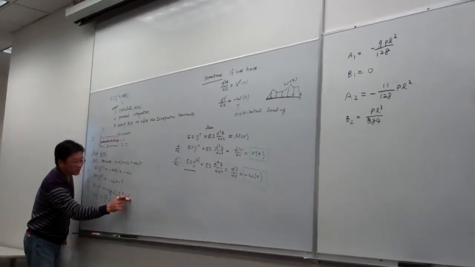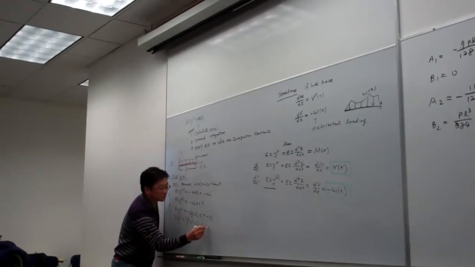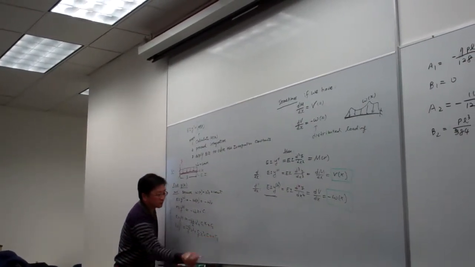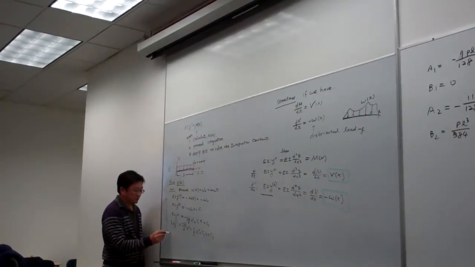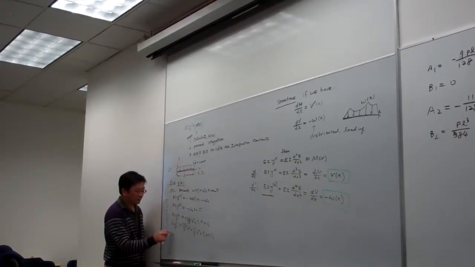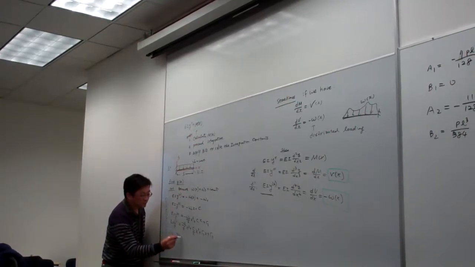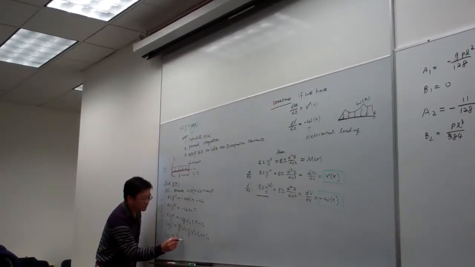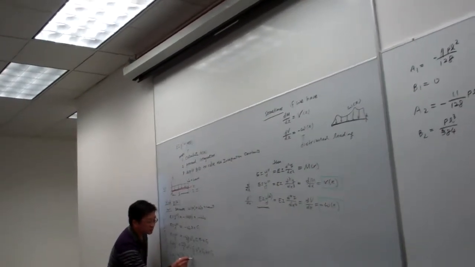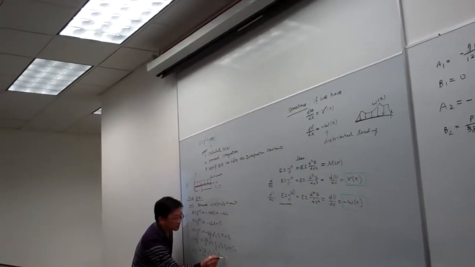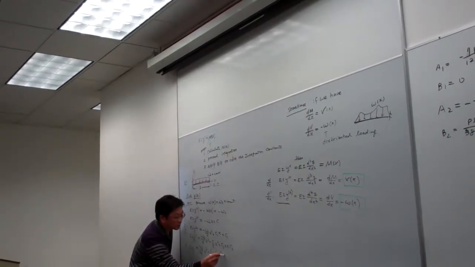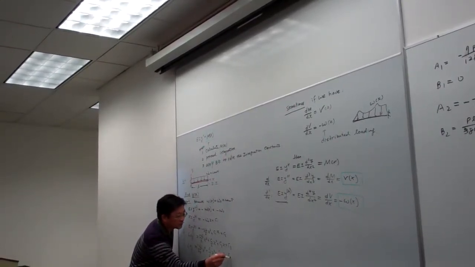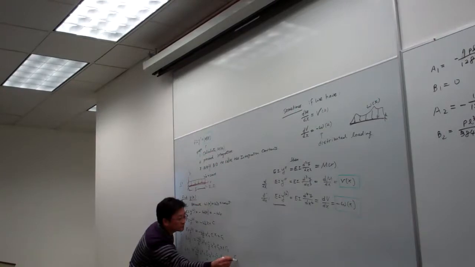I forgot one integration constant here, so plus C3. And then the last one, EI y will be equal to minus omega 0 x to the fourth over 24 plus C1 x cubed over 6 plus C2 x squared over 2 plus C3 x plus C4.